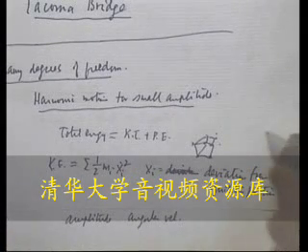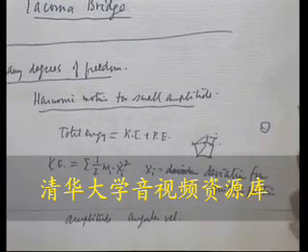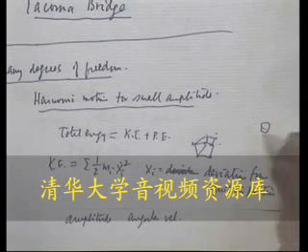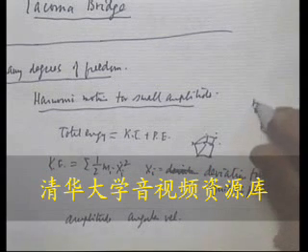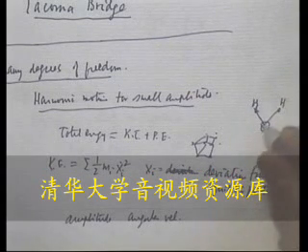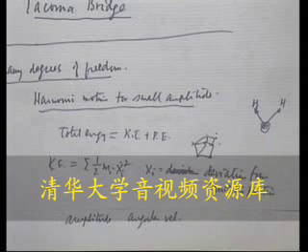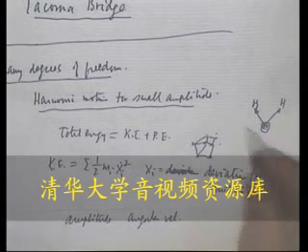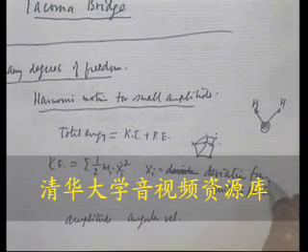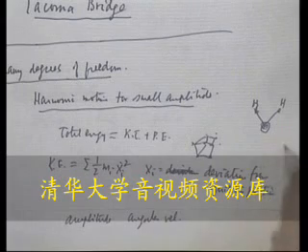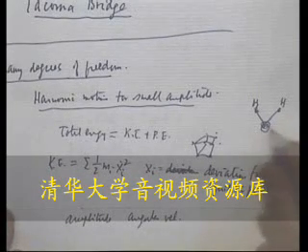For example, a water molecule consists of 1 oxygen and 2 hydrogens. Because of the force structure, it has a certain angle. So this is the position at rest. But when it starts to vibrate, each of them moves.